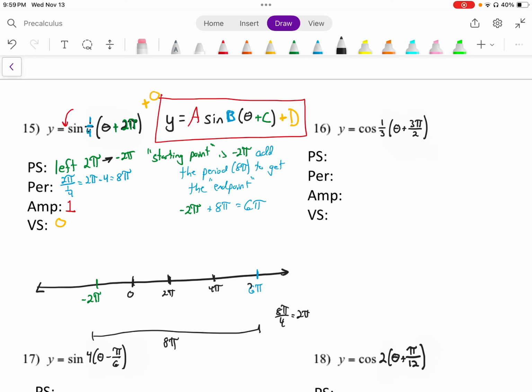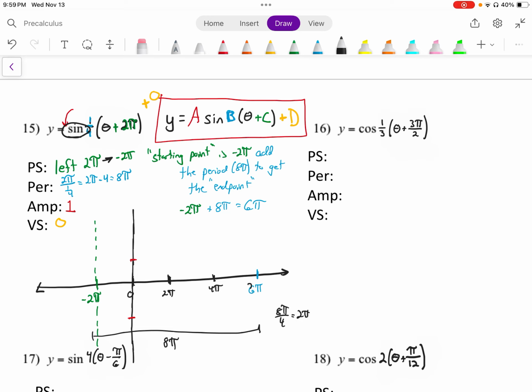The amplitude is 1. We can draw our y-axis now. That is actually one of our specific points that we're going to be working with. So we can even mark our amplitude of 1 and negative 1. However, this is our starting spot. We're graphing sine. The vertical shift is 0, so we're not going up or down at all.